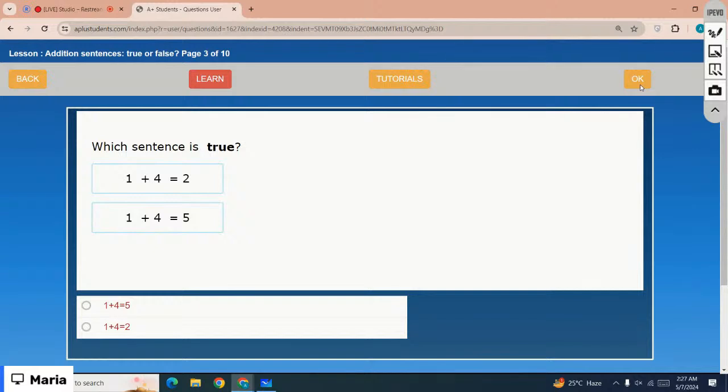Which sentence is true? 1 plus 4 equals 2, or 1 plus 4 equals 5?